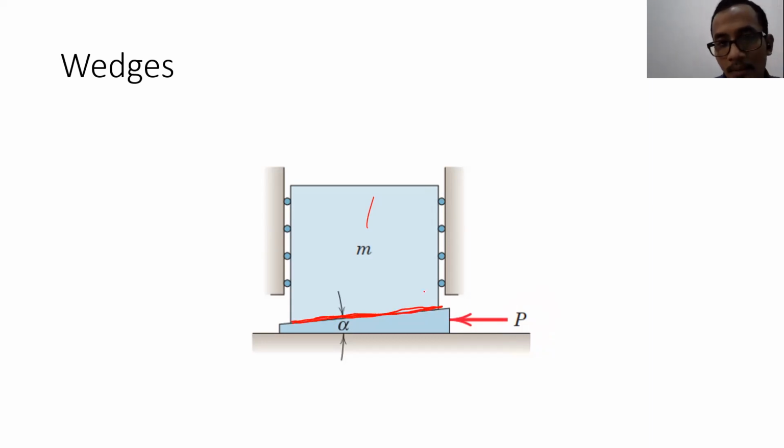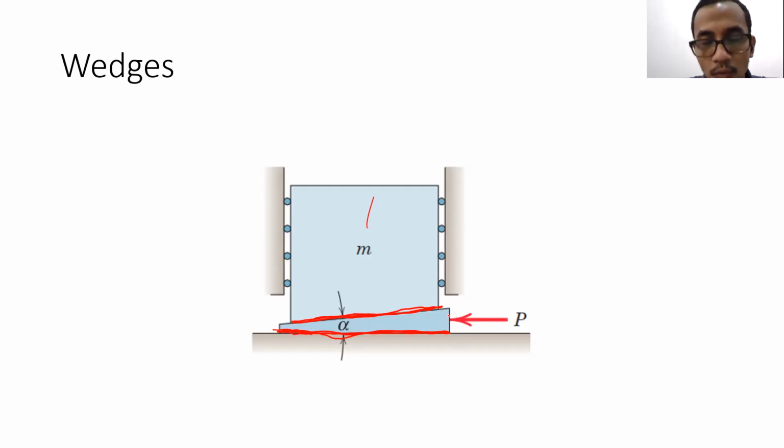The friction happens on that particular contact between the mass and the wedge. And the second friction is happening here as well, between the wedge and the ground.